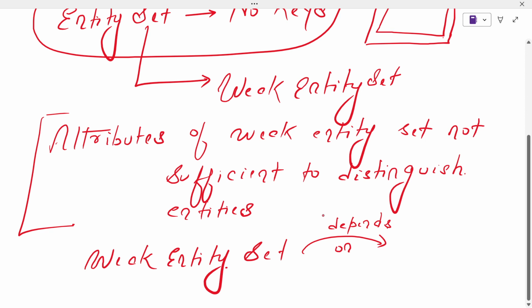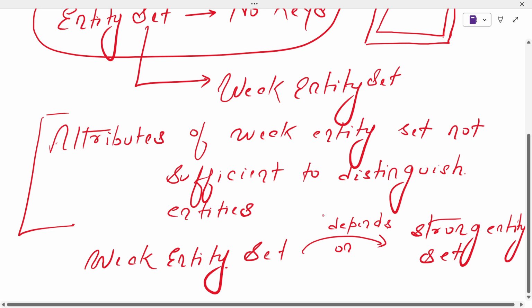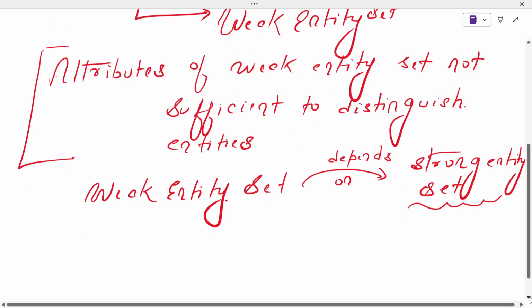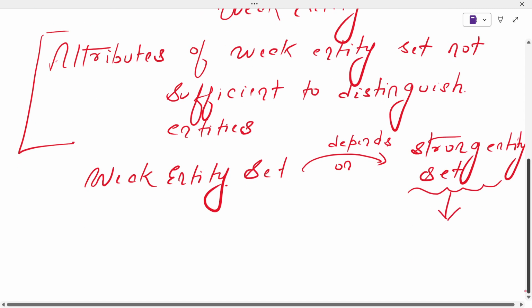Okay, so a weak entity set depends on some strong entity set for distinguishing between the entities. This strong entity set on which the weak entity set depends is also known as the identifier, or sometimes it is also known as the owner entity set.